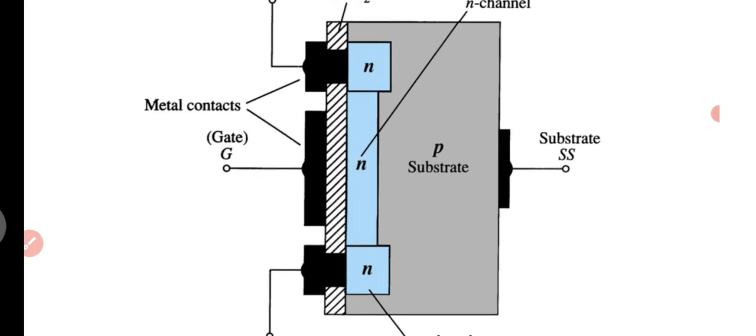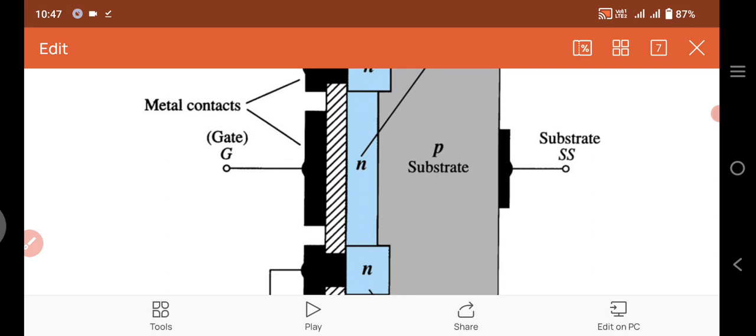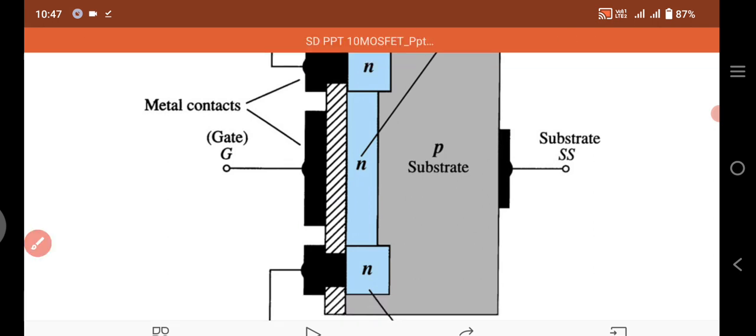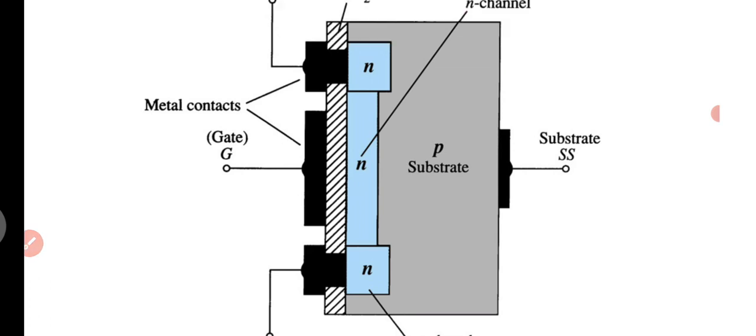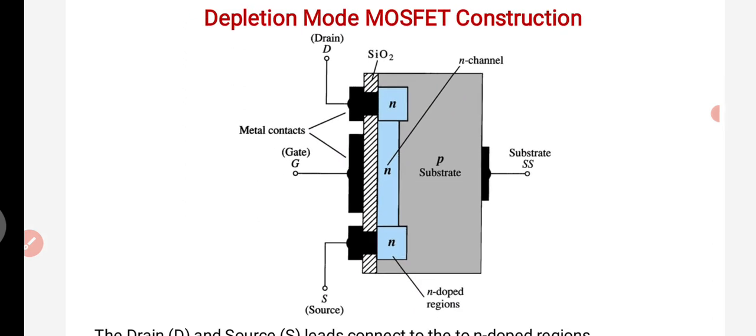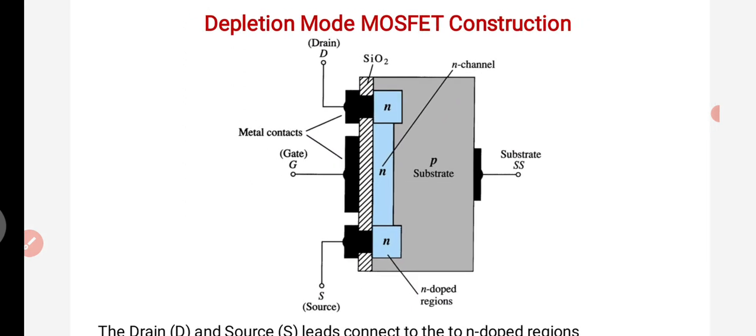So here we can consider the substrate, and already we know this type of construction. The depletion mode MOSFET operation is similar to the JFET operation.